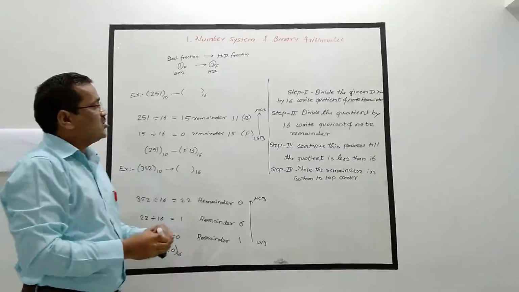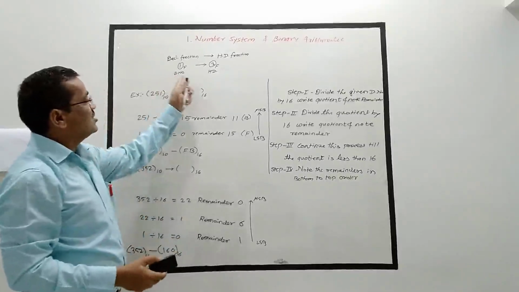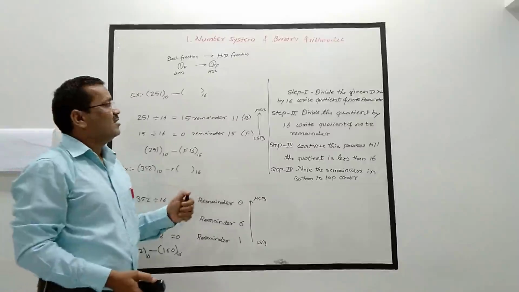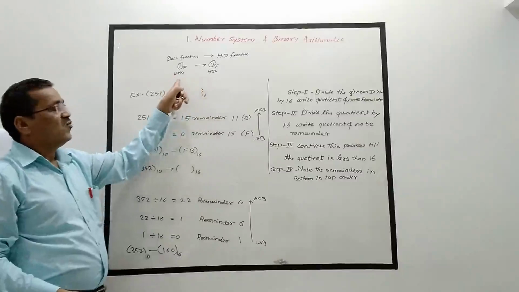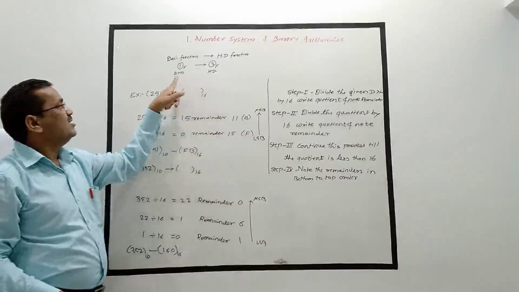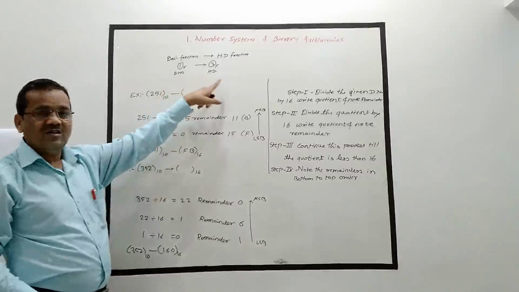So what is the procedure? We write step by step, just like we already did a similar procedure of conversion of one fraction into another, that is decimal fraction to binary fraction.